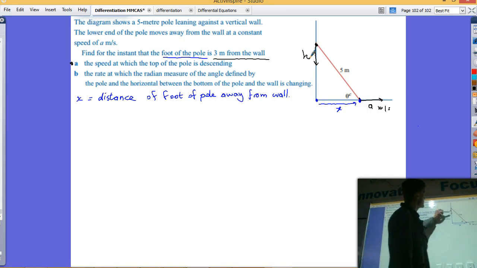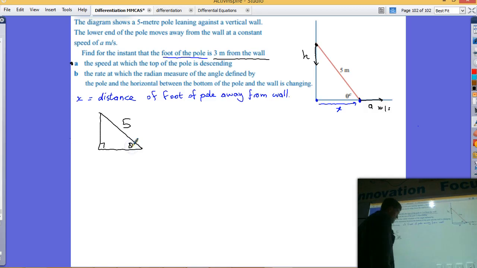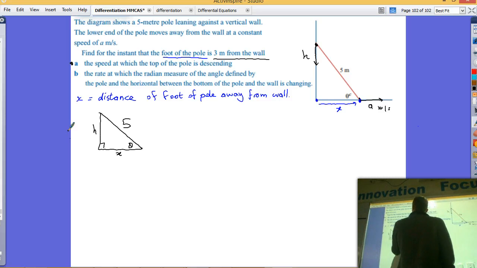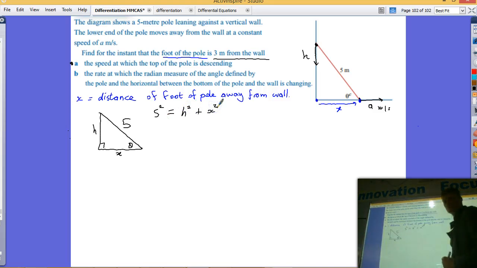One thing I notice is that I have a right angle triangle problem occurring, where my hypotenuse is 5. This length is for some changing angle. This length of the triangle is h, height, and this one is x. Right? So I can see straight away that 5 squared is h squared plus x squared using Pythagoras.